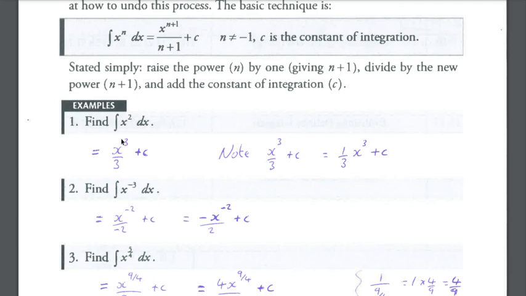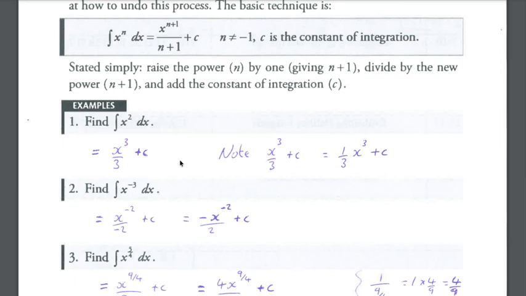So I know that this will form part of the answer, but we need this plus c on to show that it might be plus 5, plus 19, minus 36, plus 48 pi. Could be any of those or any others. So we just need to write this plus c.